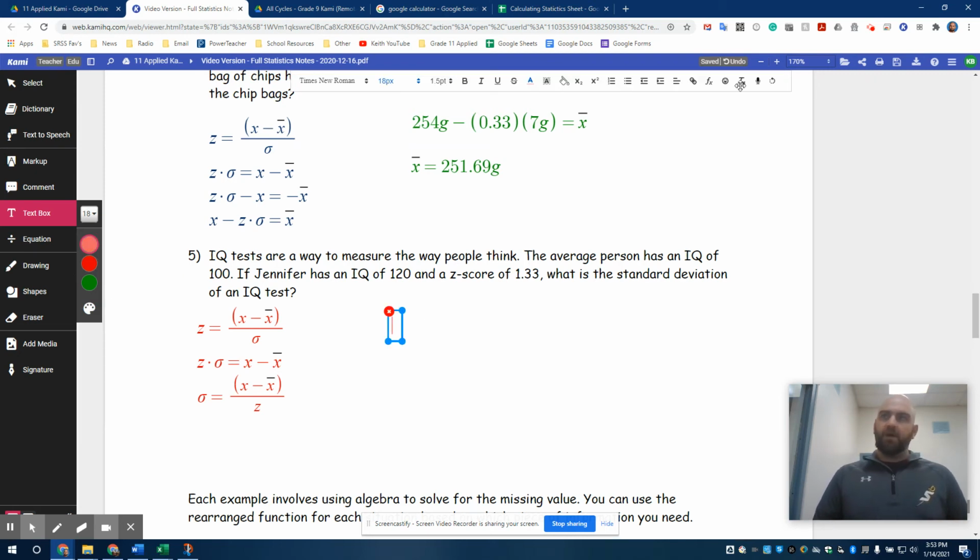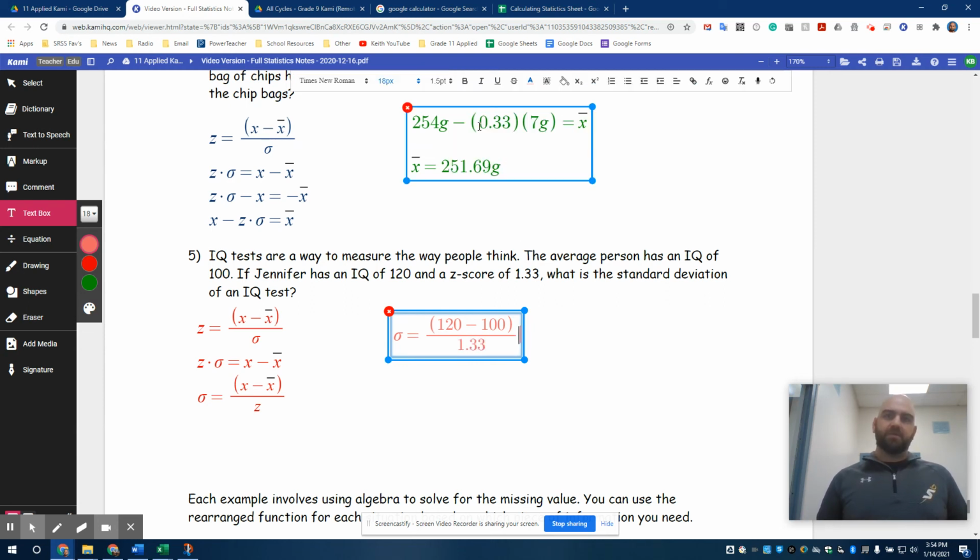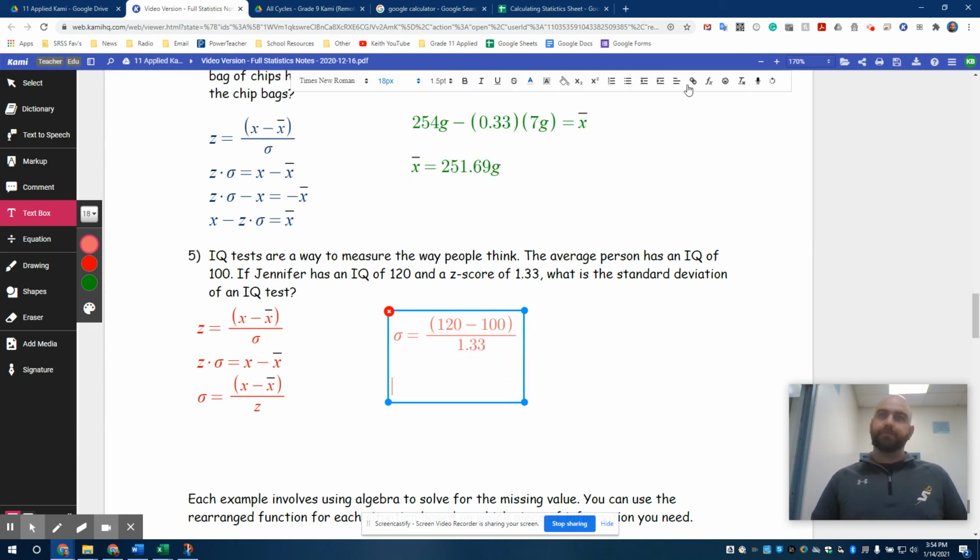Let's do a little question here. We want to find what sigma is. Sigma is equal to x, which is 120, the data point we have, minus the mean, which is 100, which we're given, divided by our z-score, which is 1.33.